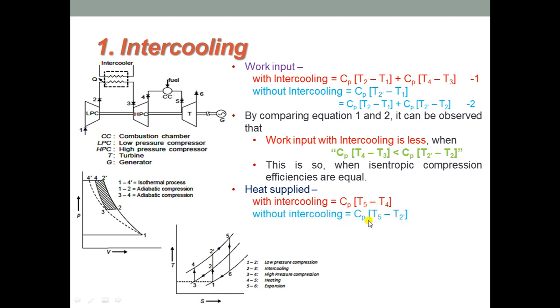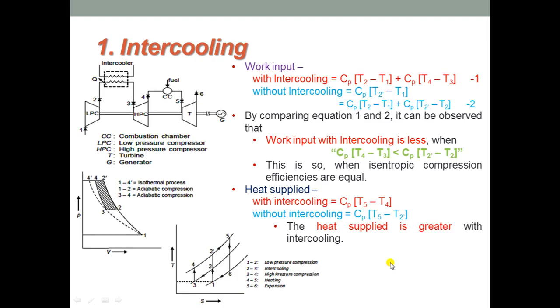Without intercooling it can be written as Cp into T5 minus T2 dash. You can notice here, if intercooling is considered, the heat addition takes place from point 4 to point 5, and if intercooling is not taken, the heat addition takes place from T2 dash to 5. The heat supplied is greater with intercooling as the curve length is more.